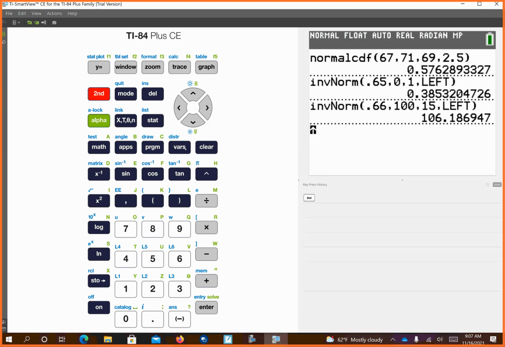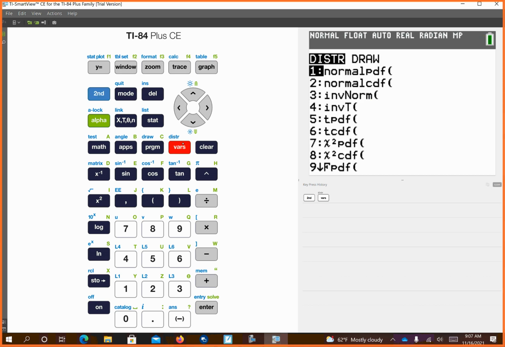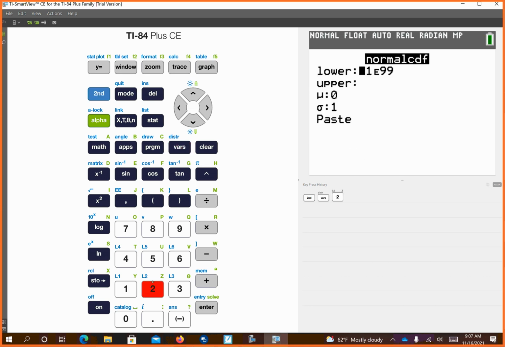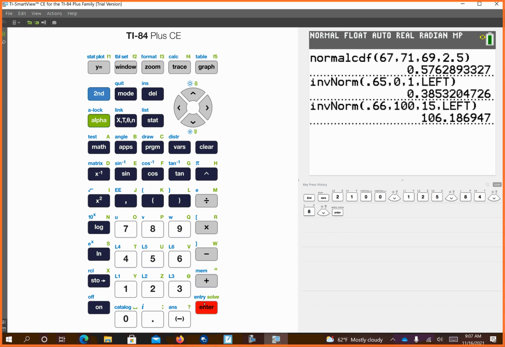Yeah, so I'm going to go second, distribute, normal CDF. And we're going to say, hey, we want a lower limit of 100 and an upper limit of 125. This is pre-diabetic, where our mean is so much further below. So this is going to be an extremely small amount of population.